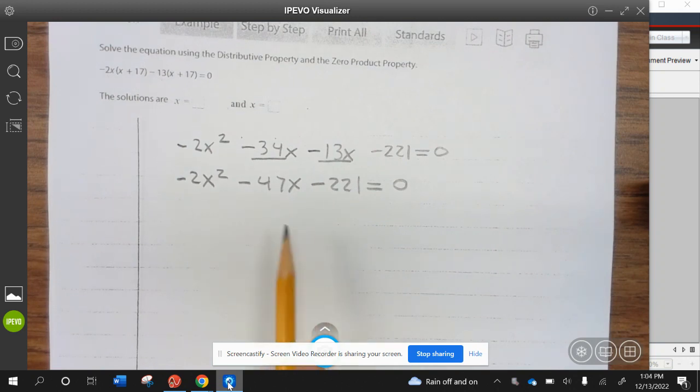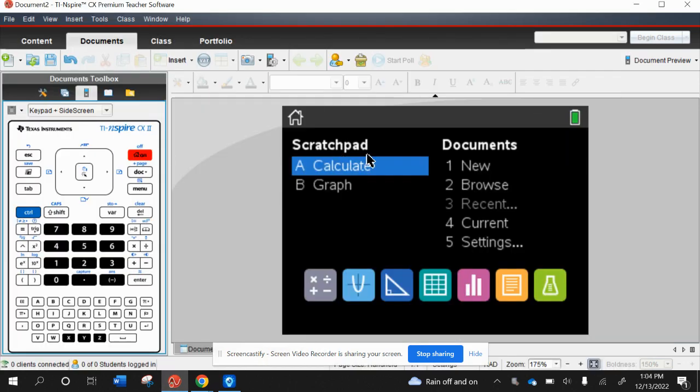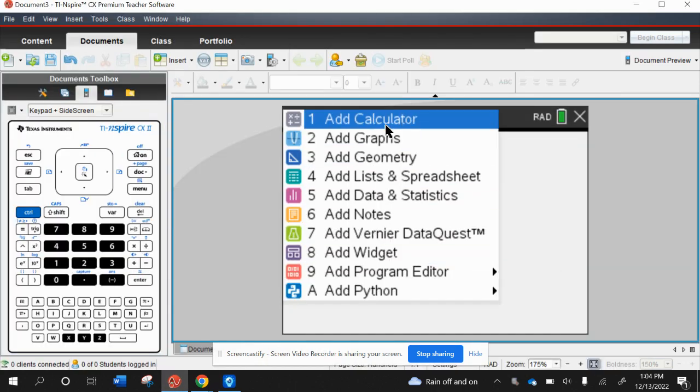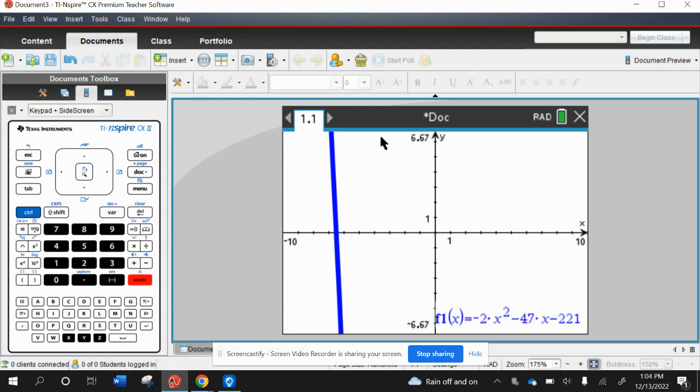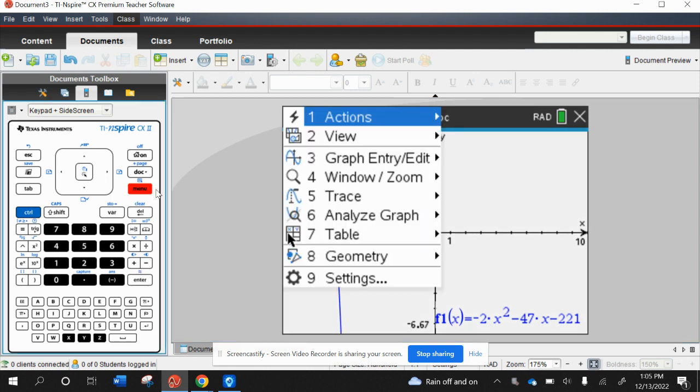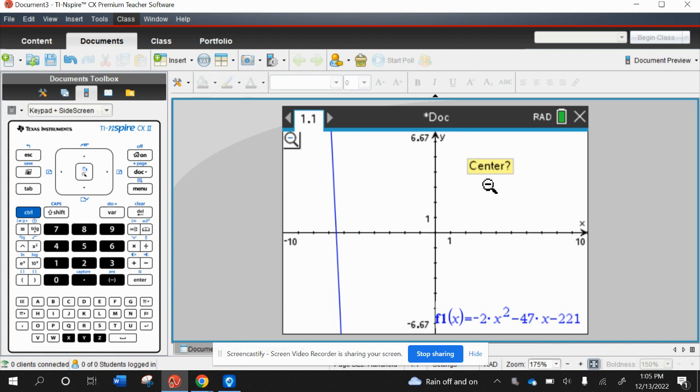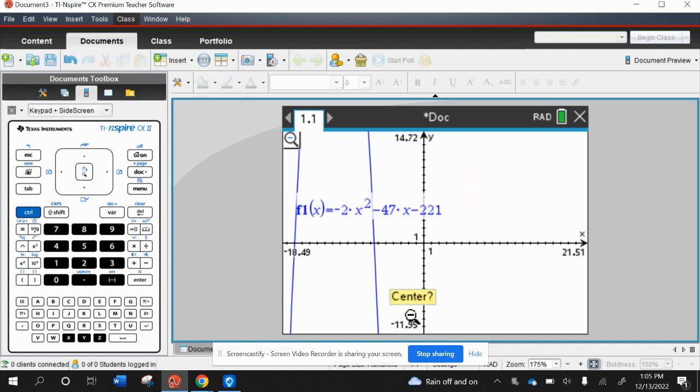Okay, now this looks like it's factorable, but it could be difficult. So what you can do is you can go to On, New Document, No, and Add Graph. Okay, so we're going to do negative 2x squared minus 47x minus 221. Now, there should be 2 zeros, so I'm going to go to Menu, Window Zoom, Zoom Out. I've clicked once, press Escape.